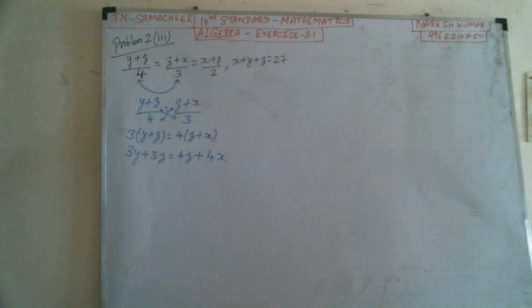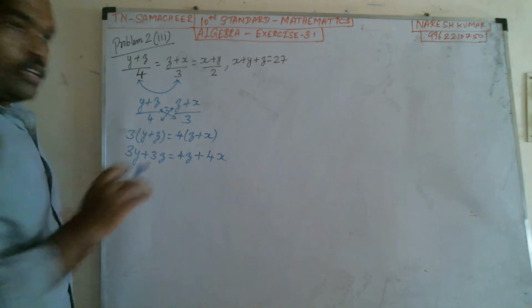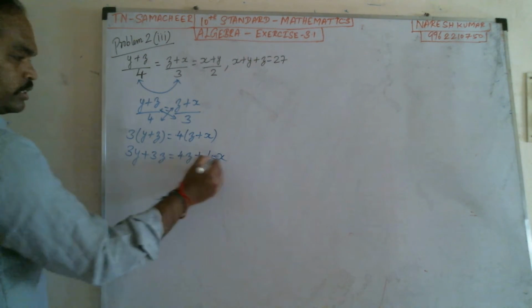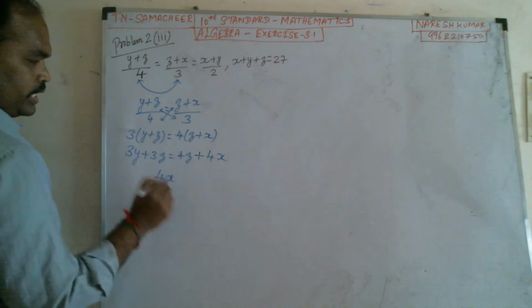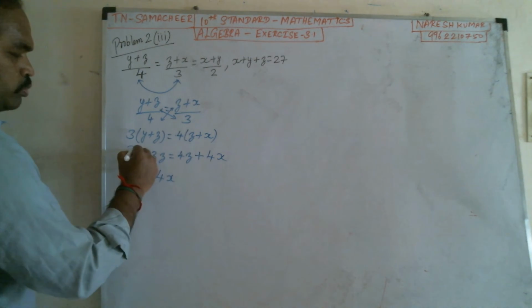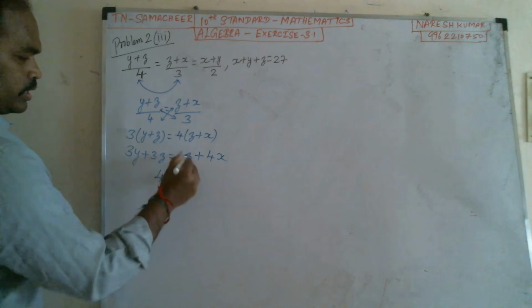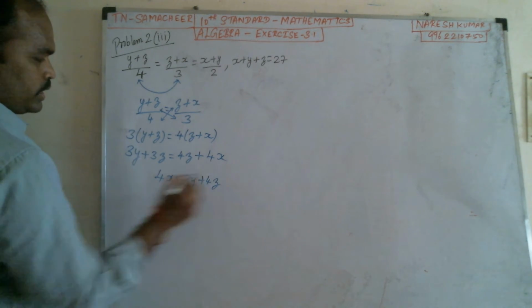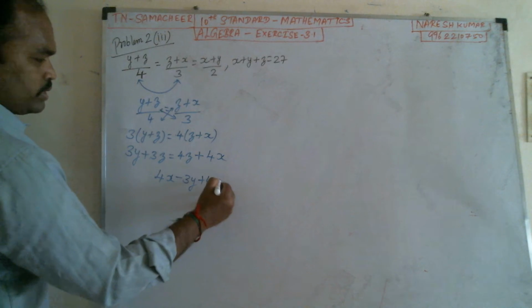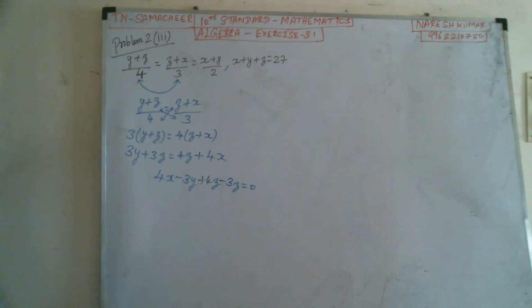Next, how do we formulate this equation? Here 4x is the x term. This 3y should come to the right side, so minus 3y, and 3z coming to the right side gives minus 3z, equal to 0.